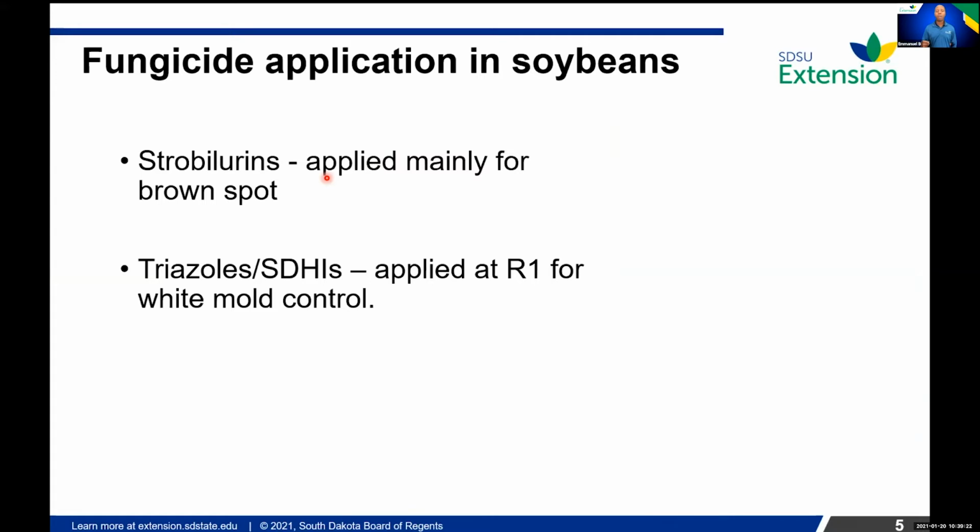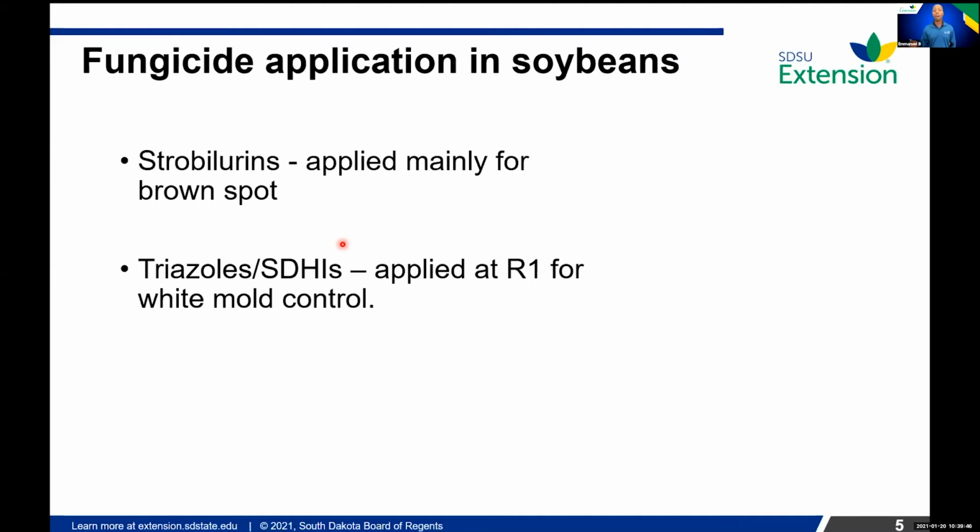Other types of fungicides like SDHIs and triazoles are usually for controlling white mold. So white mold requires specific active ingredients. We're talking of Endura, Topguard, Domark, Proline. Those are specific fungicides for white mold.